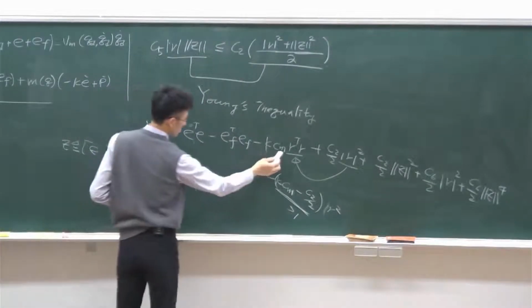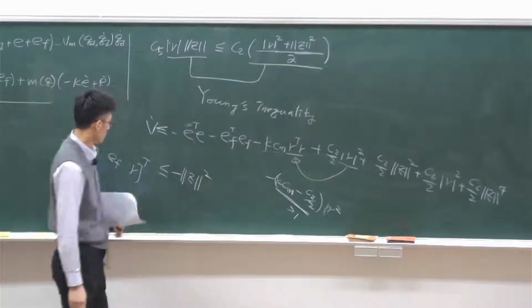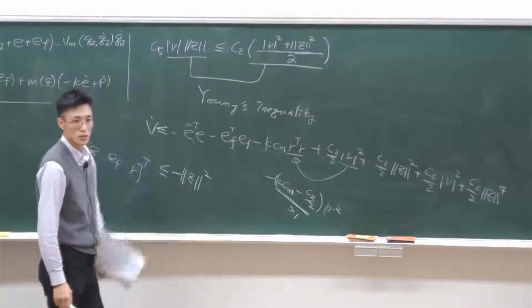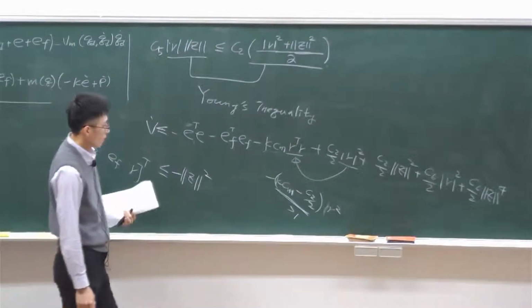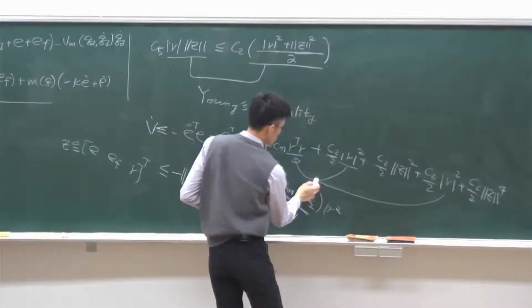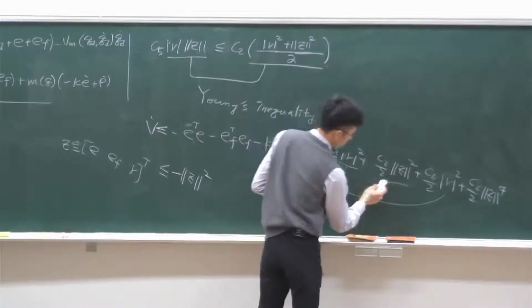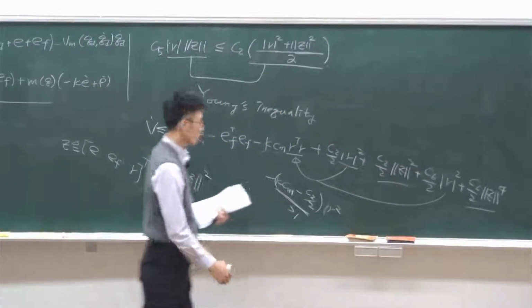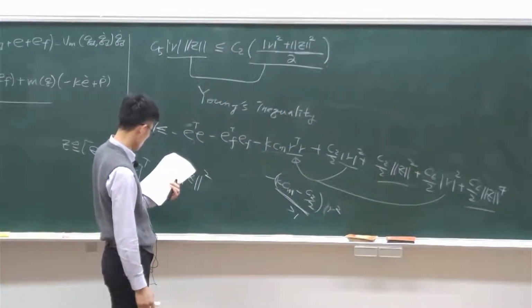And as long as it's greater than 1, it can be upper bounded by this, okay? And you have another two terms, z squared and z power to the 4th.